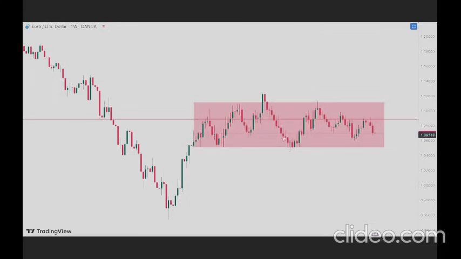But here we see a very big consolidation.